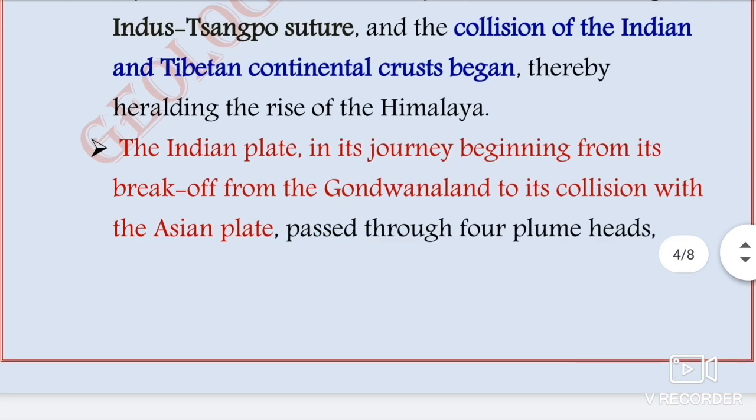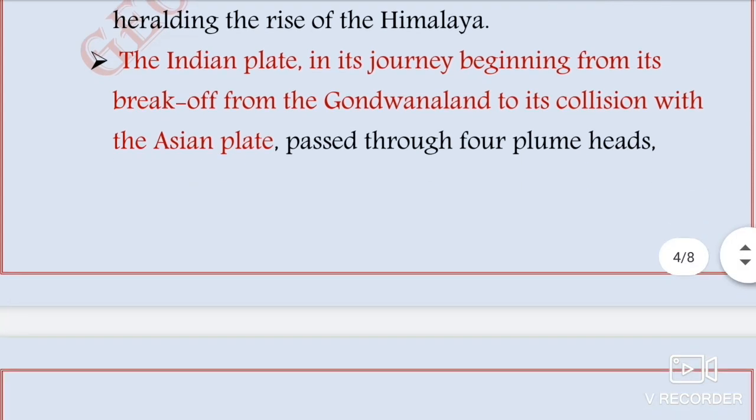The Indian plate, in its journey from its breakup from Gondwanaland to its collision with the Asian plate, passed through 4 plume heads.